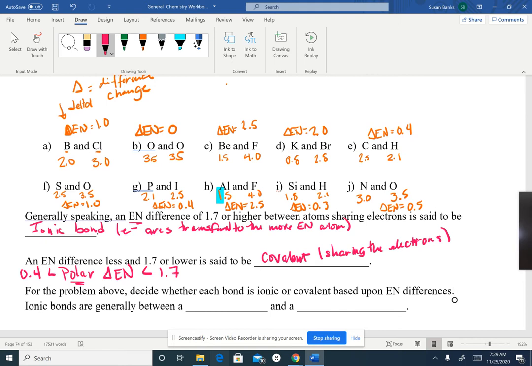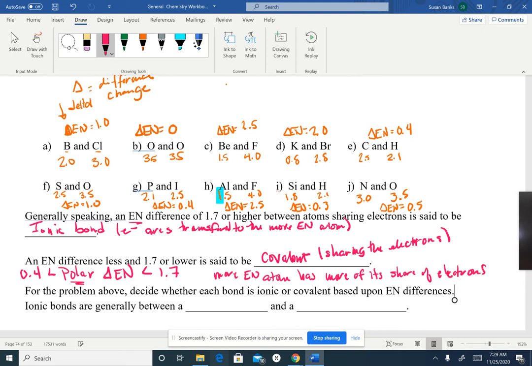That means the more electronegative atom has more of its fair share of those electrons. So if it's polar, the more electronegative atom has more of its share of electrons.